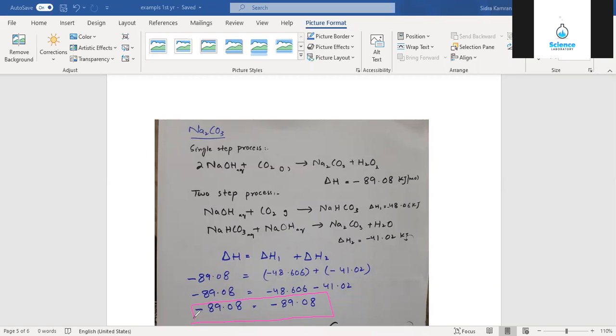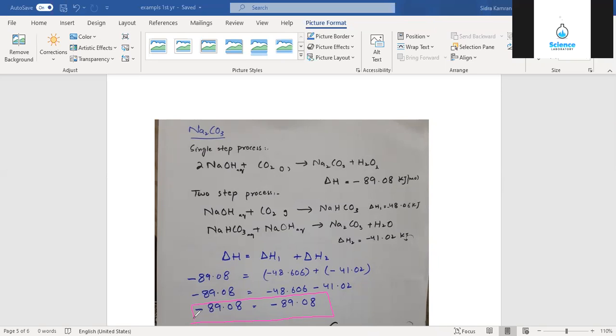As I told you, we use this Hess's law to calculate the enthalpy change for those reactions which are not easily calculated by glass calorimeter or bomb calorimeter. For those types of reactions, we use Hess's law to calculate.